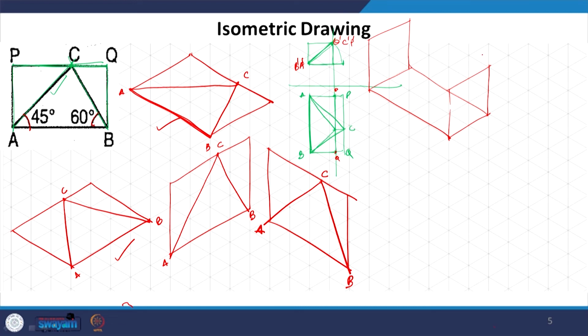Now, we still do not have the triangle. We will actually arrive at A, B, Q, P. This is the reference rectangle which is containing this C point. And now, we will mark this point C here, whatever this distance is. So, we know this.